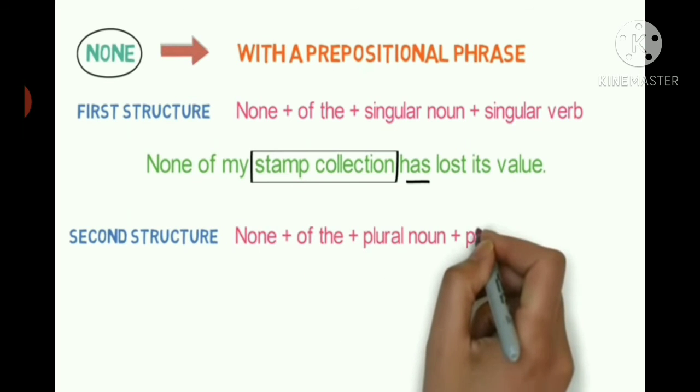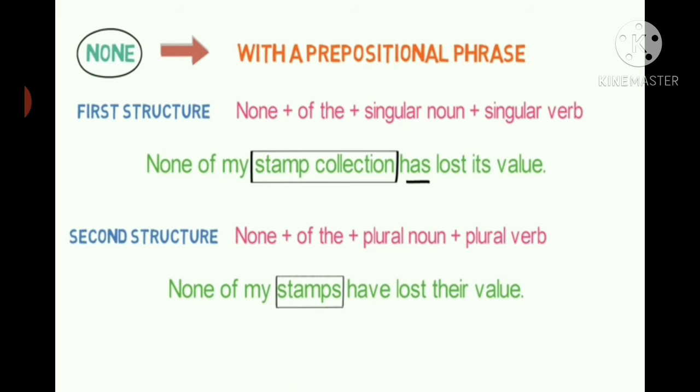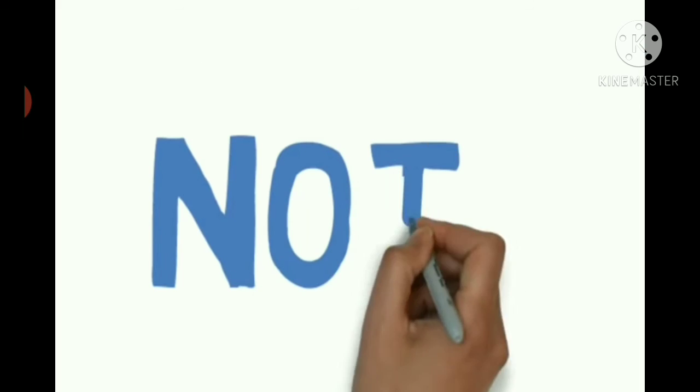Second structure, none plus of the plus plural noun, then plural verb. Example, none of my stamps have lost their value. Stamps, plural. That is why have, plural verb. So I hope this difference is clear.